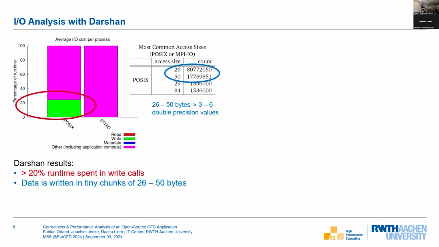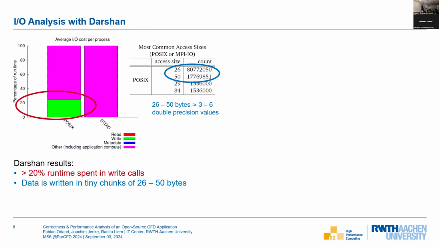What Darshan can also tell you is how much data is actually written each time a write or read call happens, which was in this case only between 26 to 50 bytes, which corresponds to roughly 3 to 6 double precision values, which are roughly the scalar values that are stored on each mesh node in the simulation.